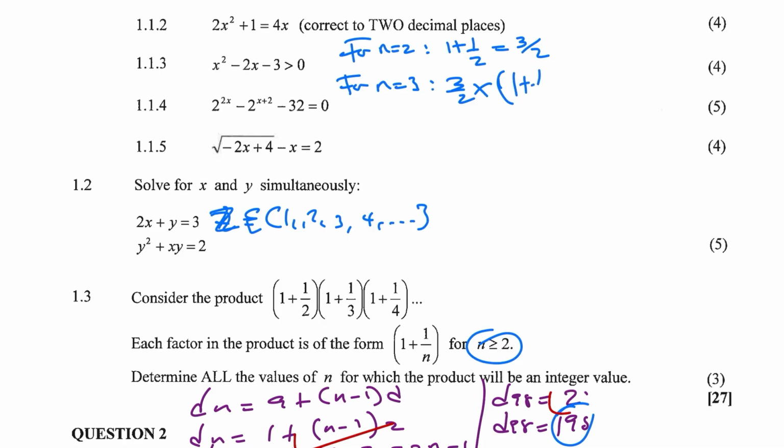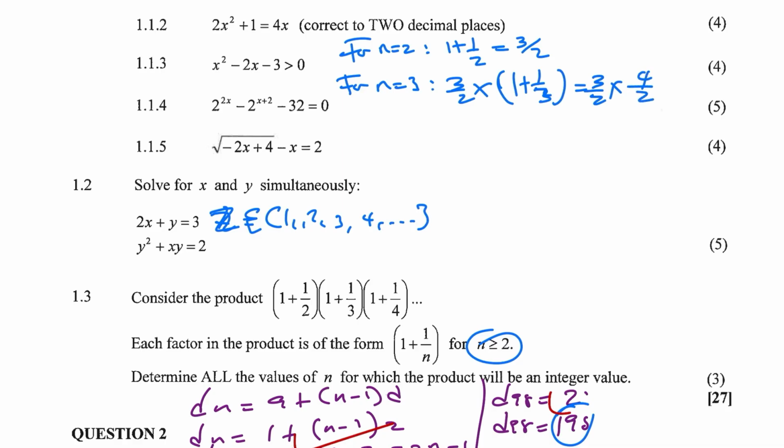So it's 3 over 2 times 1 plus 1 over 3. Am I tripping? No, it's 3. Okay, sorry, it's 3.